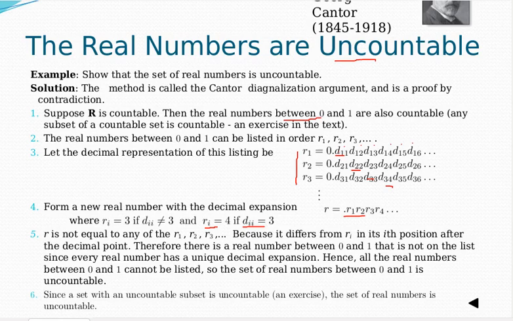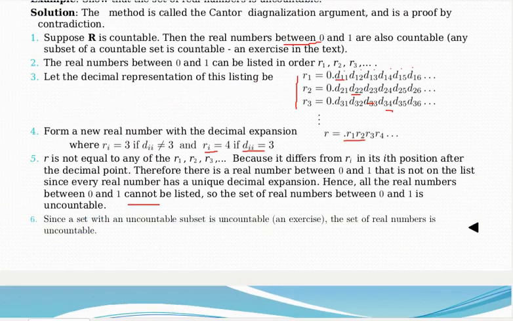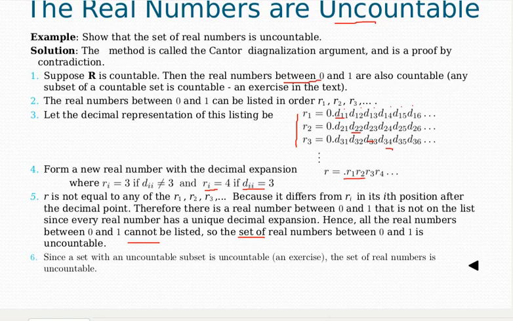So what will happen is that there is a real number between 0 and 1 that is not in the list, since every real number has a unique decimal expansion. So we cannot list the set of real numbers, and this is a new real number which is not part of the list, which we had claimed contained all the possible numbers between 0 and 1 with their decimal expansions.